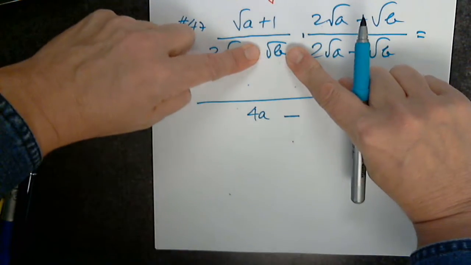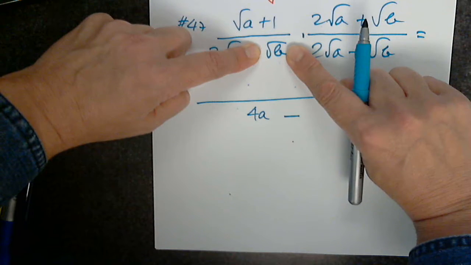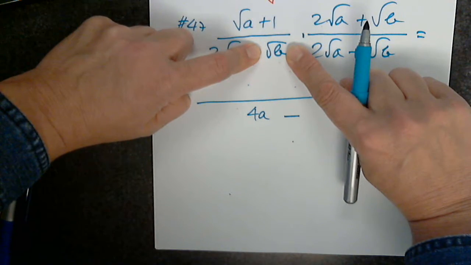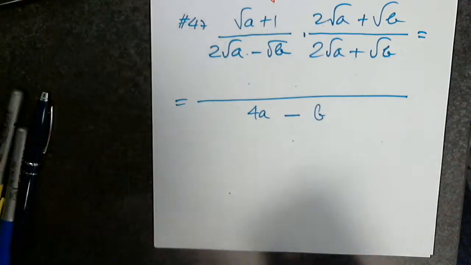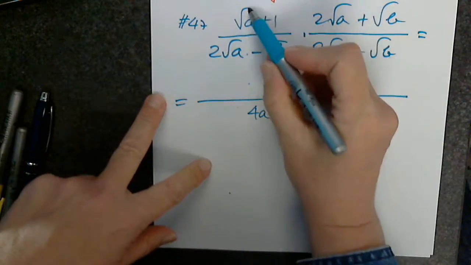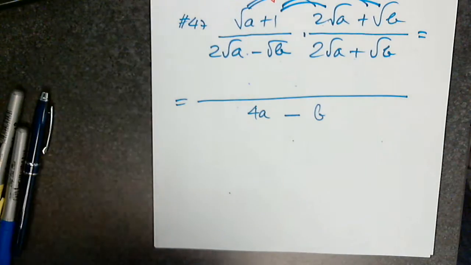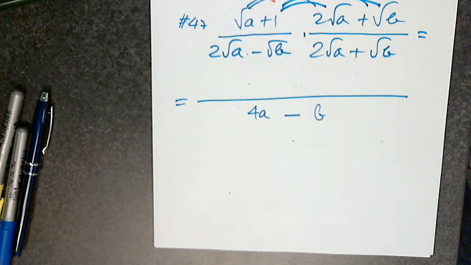Please square the second term. B. But now you have to FOIL the numerator. So tell me what should I write when you're ready. We have to distribute the square root of a to these 2, and then 1 to these 2. So I need 4 terms.